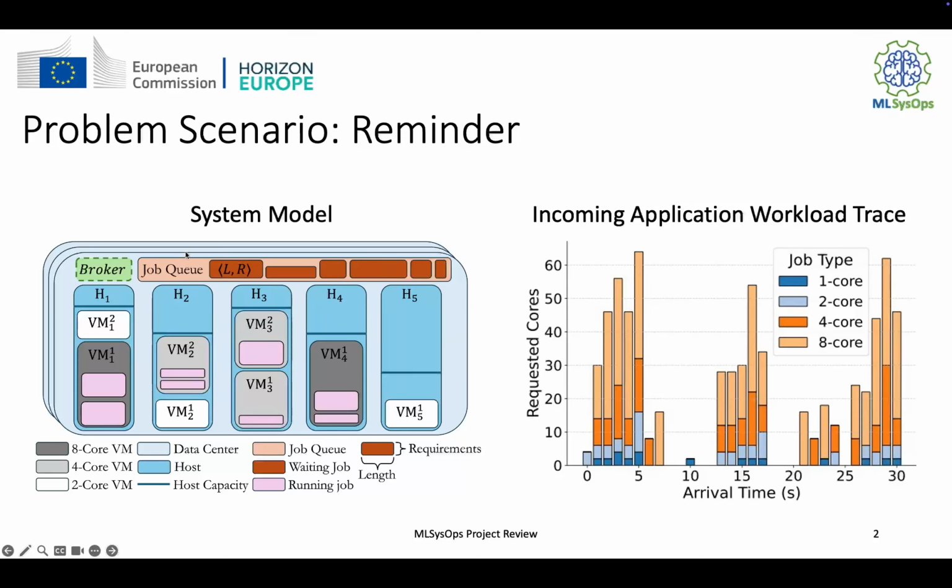An application needs a virtual machine, a VM, in order to run. So we have a broker which manages the VMs inside the fixed nodes. Depending on the load, the broker has to find the optimal virtual machine allocation policy in order to balance both resource efficiency and application waiting time.